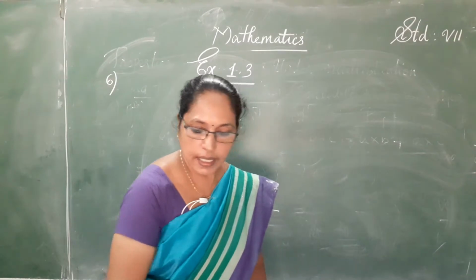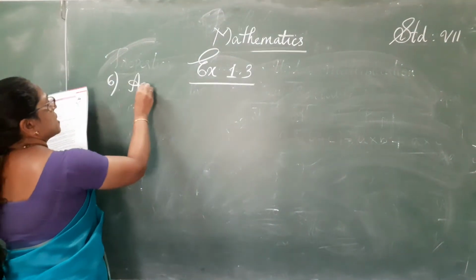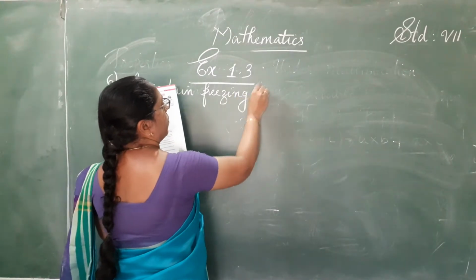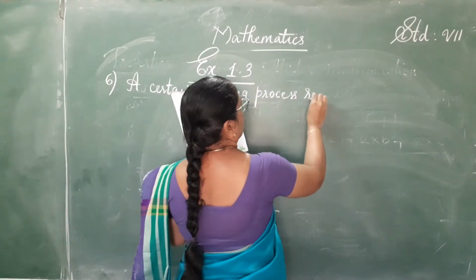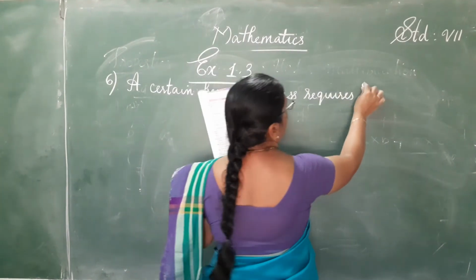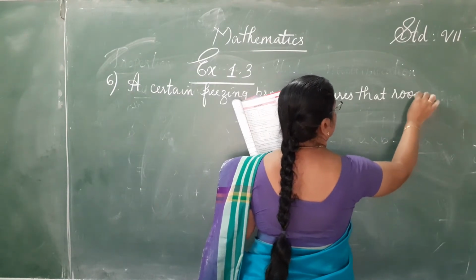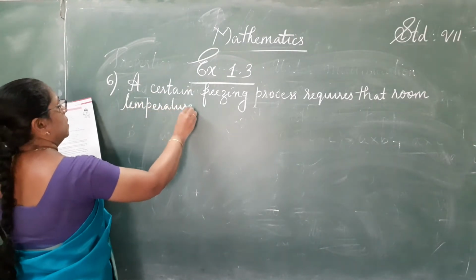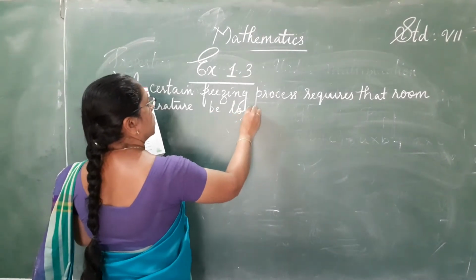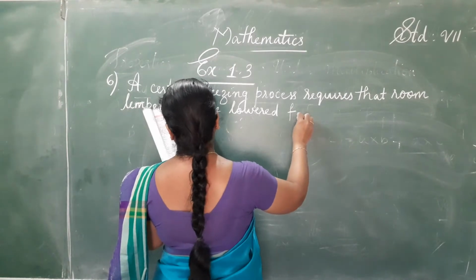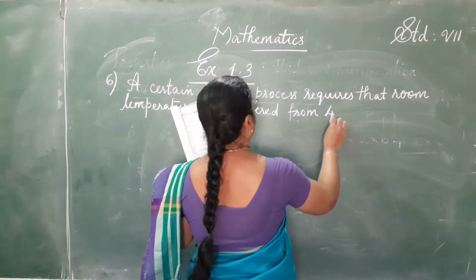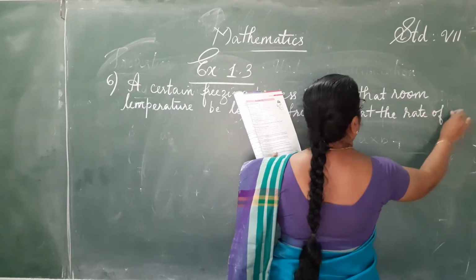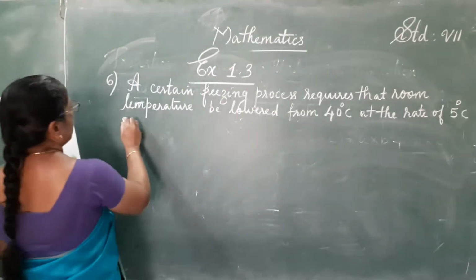Question 6. A certain freezing process requires that the room temperature be lowered from 40 degrees Celsius at the rate of 5 degrees Celsius every hour.